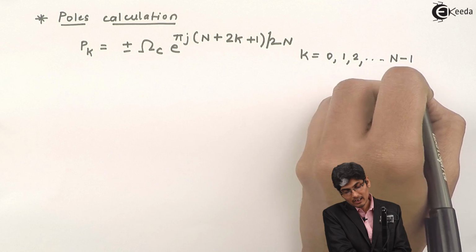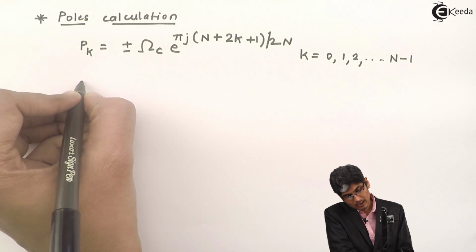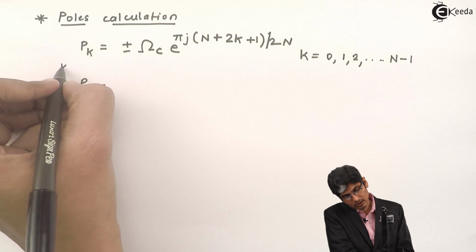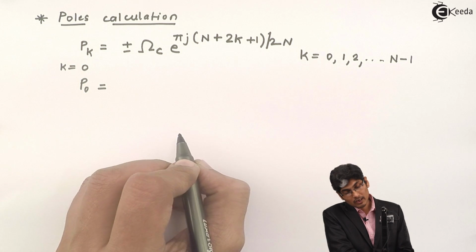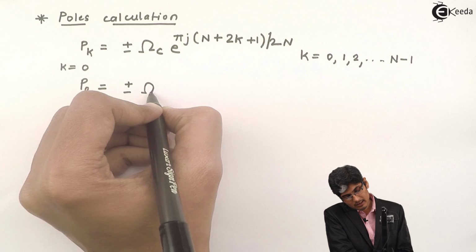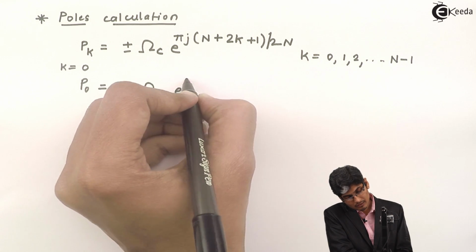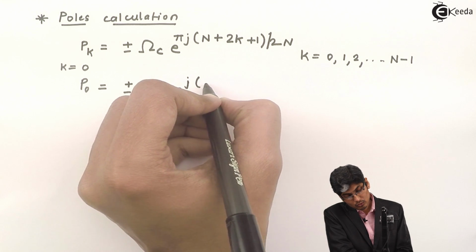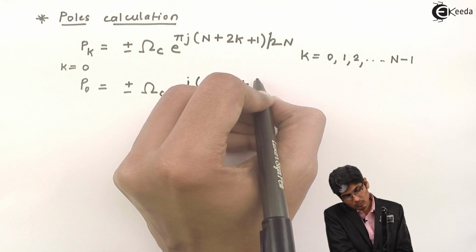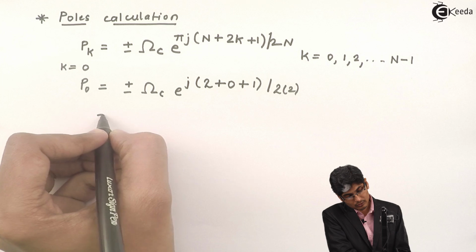Now here my n value is given as 2, so I will have 0 and 1 as the maximum value. So let us put k is equal to 0, so I get p of 0, which is plus or minus omega c into e raised to j, n is 2, so I will write (2 plus 0 plus 1) upon 2 into 2, because n is 2.